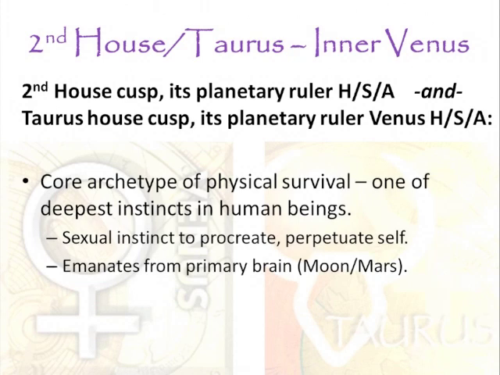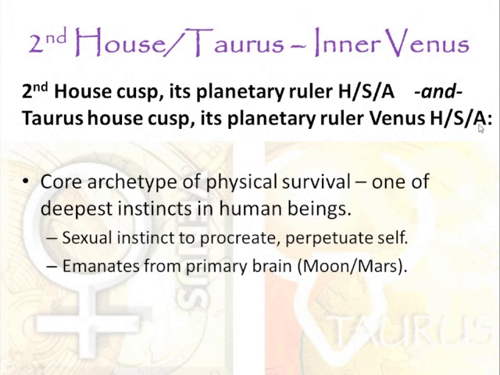And as I speak about this, what I want you to recognize is that we're not only going to include the sign that is on the second house, we are going to be including its planetary ruler, wherever that exists, by house sign aspect, that's the abbreviation HSA, and we're going to be including the inner side of Venus, so that means wherever Taurus is on its own house cusp with its planetary ruler Venus by house sign aspect.